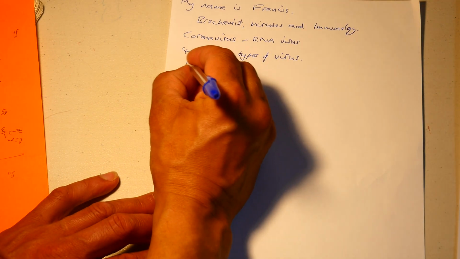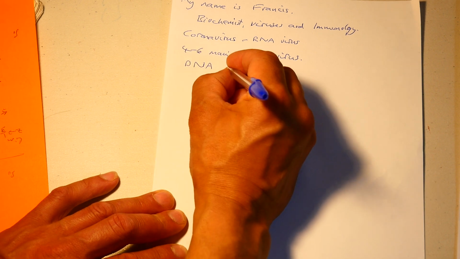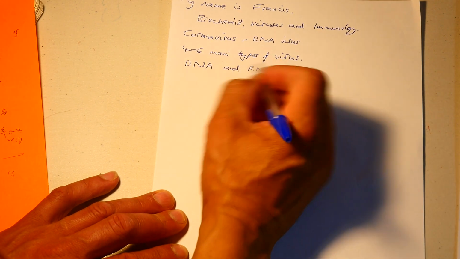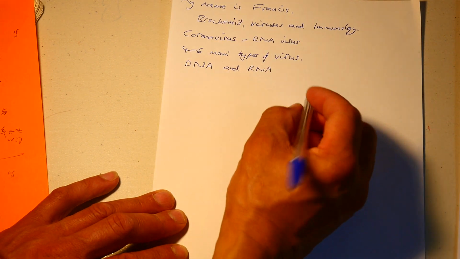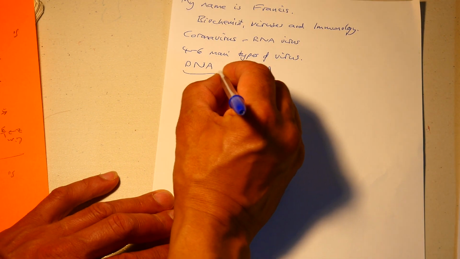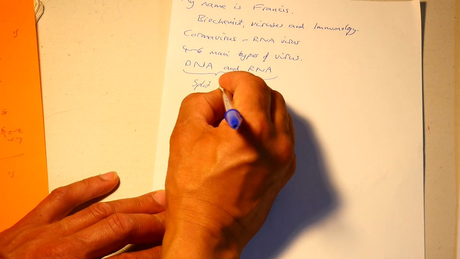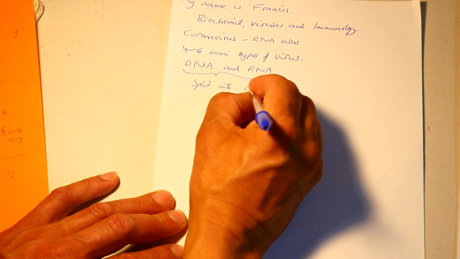You get DNA and RNA. The 4 main types are split into DNA and RNA. Okay, they're split into these.